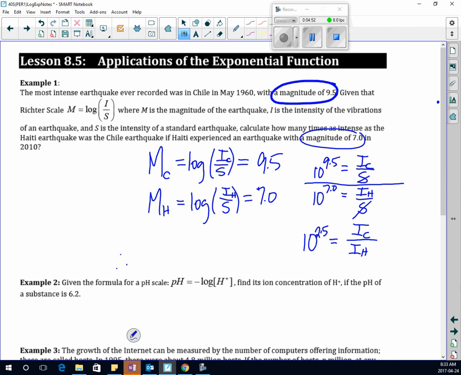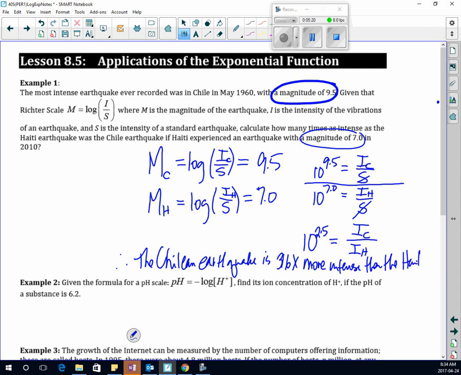Therefore, the Chilean earthquake is 316 times more intense than the Haitian earthquake.